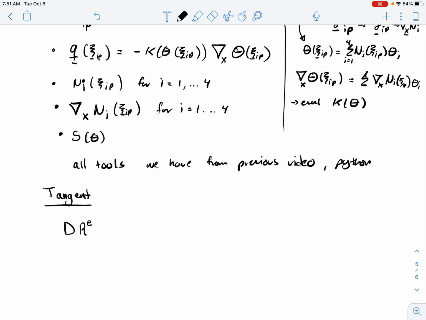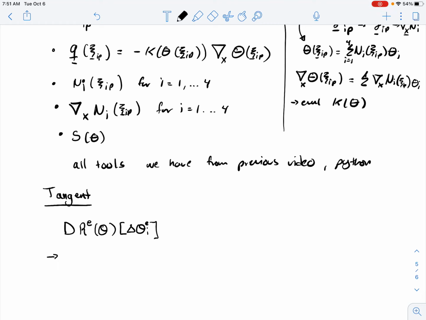So the directional derivative of the residual, which is a function of theta, in the direction of some increment theta I E. It will become clear what this refers to. So we have to do the linearization. So let's do it part by part. So this is what we want.